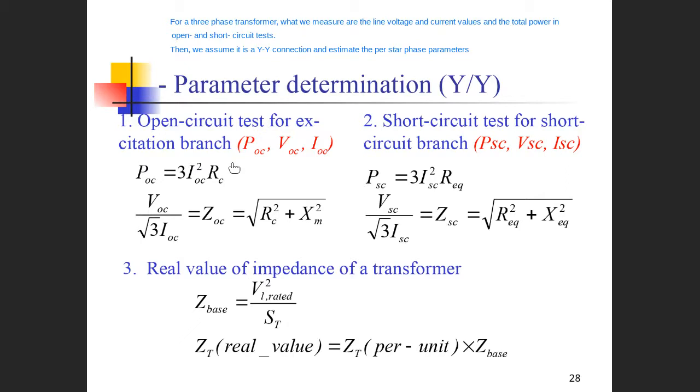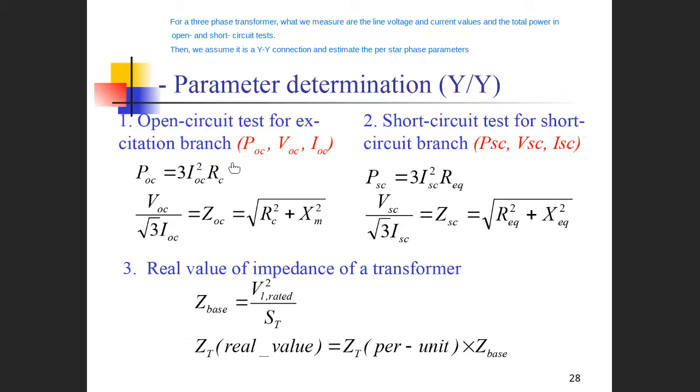The high voltage side is monitored using voltmeters. Of course, the voltmeters cannot be directly connected to the high voltage side, so we use some kind of measurement coils.